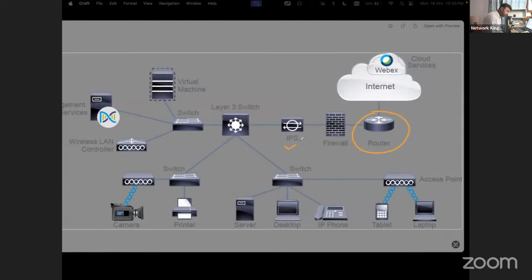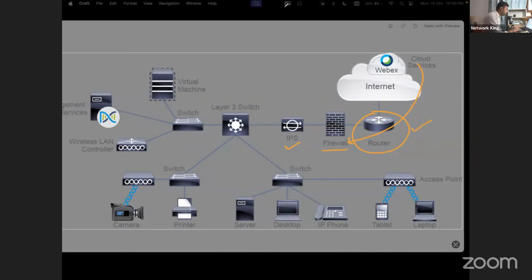So IPS is for viruses and malware, and firewall is to protect you from outside attacks. Right now, in the first class, I'm expecting that you understand only one-liners. You should just know how to answer in one line. Okay, as a first class, now tell me, what is a router?